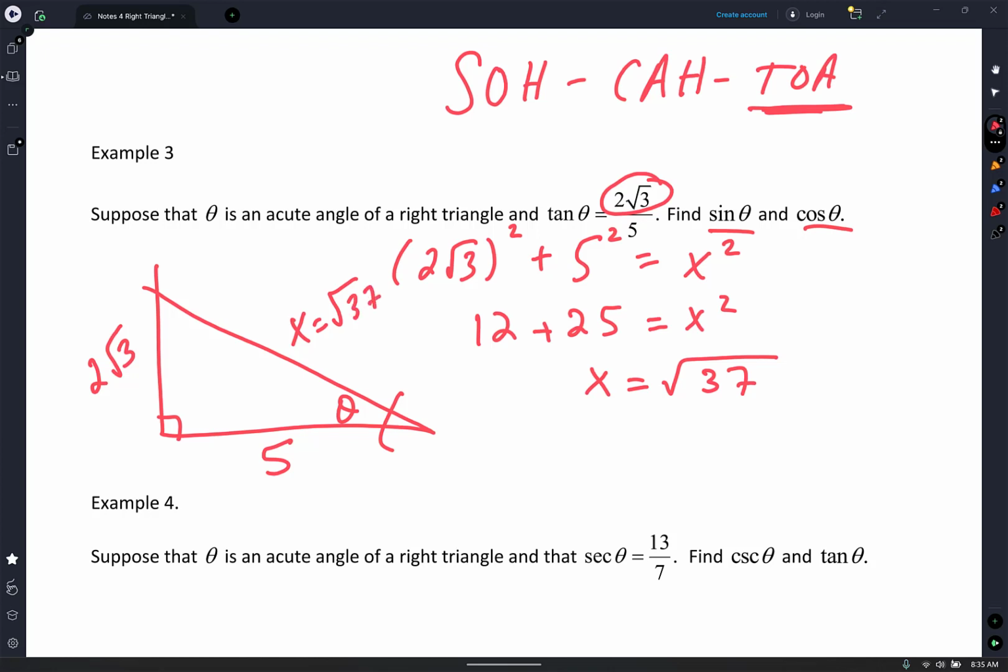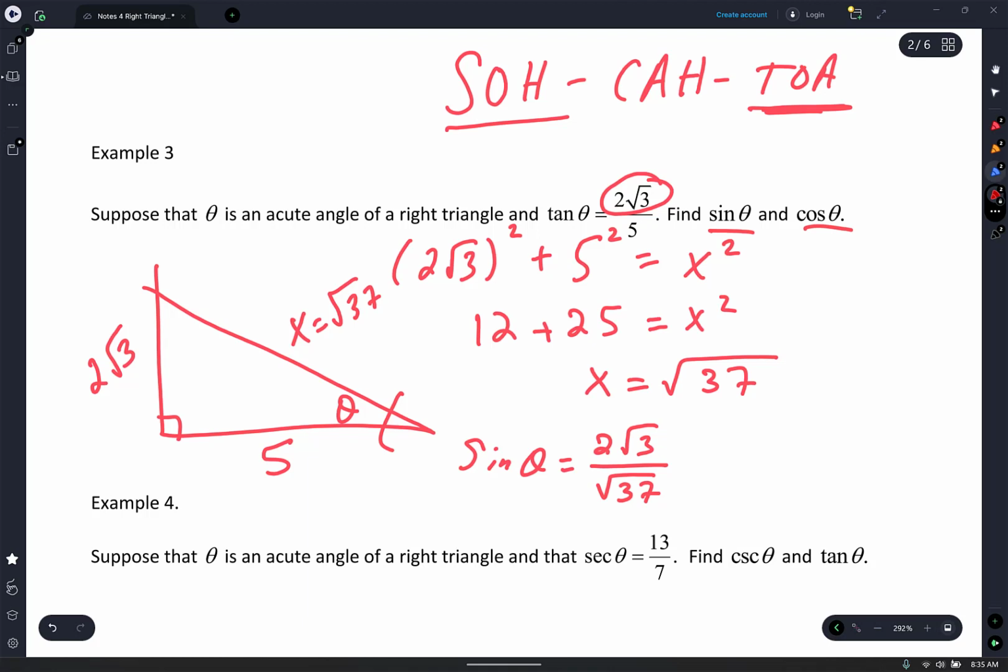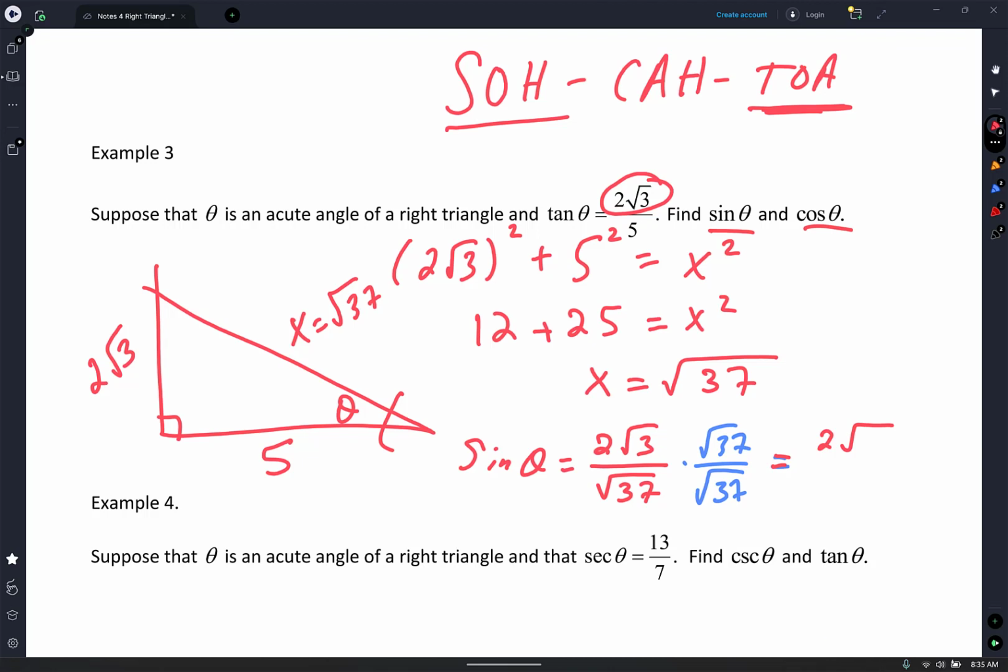So I'm going to write sine theta. Sine is equal to opposite over hypotenuse. 2 square root of 3 over square root of 37. You probably don't want it like that, so I'm going to multiply that by square root of 37 over square root of 37. And when you do that, you get 2 square root of 37 times 3.